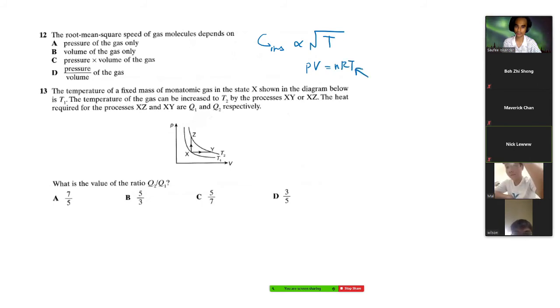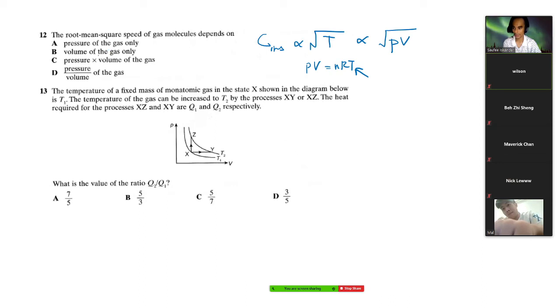You see this T. So when the temperature increases, PV also increases, so it will also increase by the square root of pressure and volume. So the answer is C, pressure and volume of the gas.